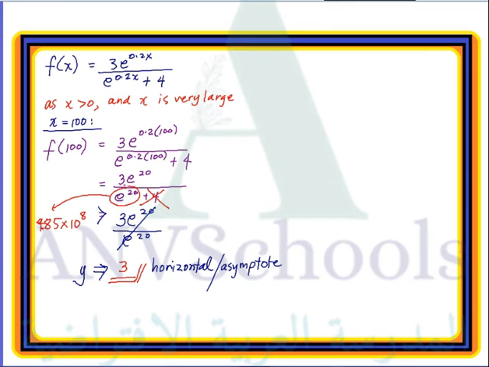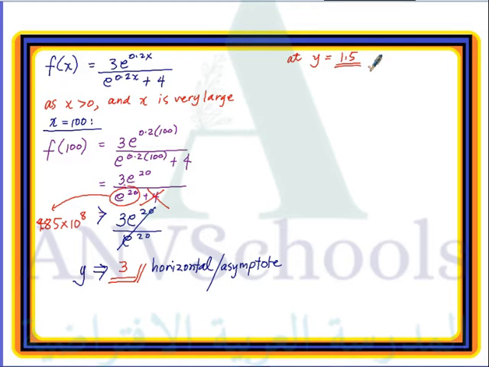The point of inflection is the midpoint of y equals 0 and the horizontal asymptote. So it means that your point of inflection occurs at y is equal to 1.5. Am I correct?